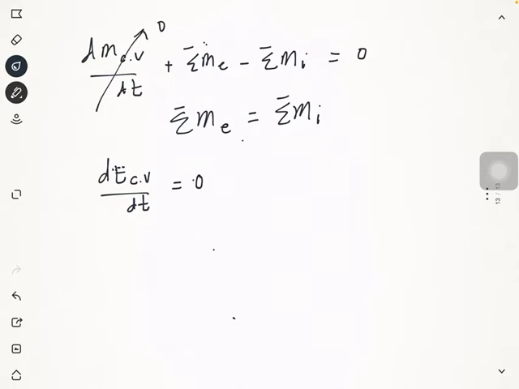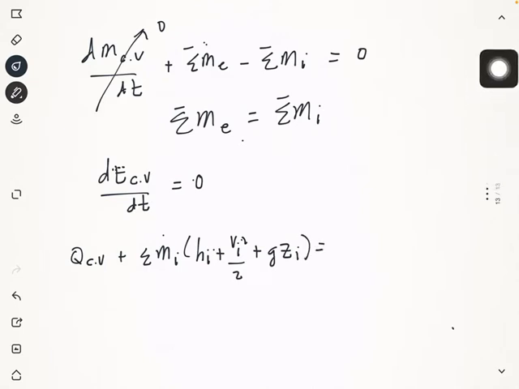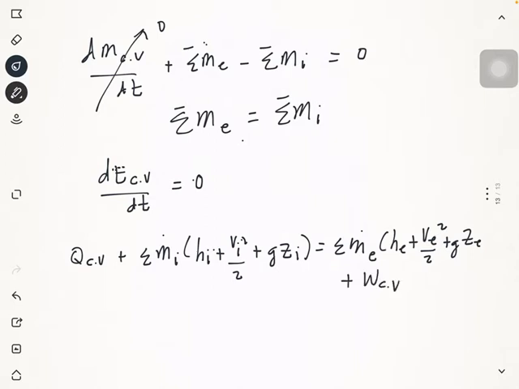Applying the first law, our first law becomes Q_CV plus the summation of mass entering, times (h_i plus V_i squared over 2 plus g z_i), is equivalent to the summation of mass leaving, times (h_e plus V_e squared over 2 plus g z_e), plus the work of our control volume.